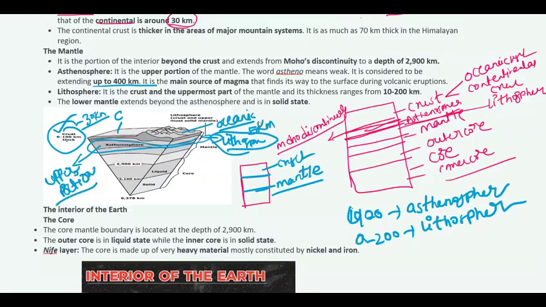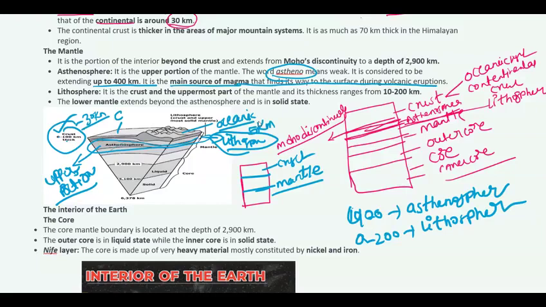And what is meant by astheno? Astheno means weak. It is the main source of magma. Magma means in liquid position. Remember, asthenosphere is the main source of magma. It is the upper portion of the mantle.